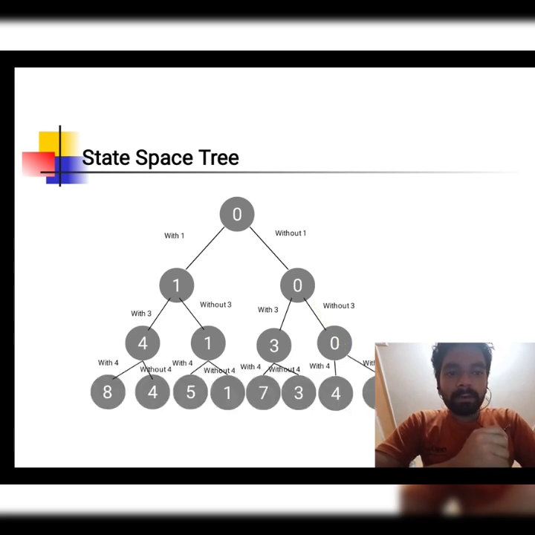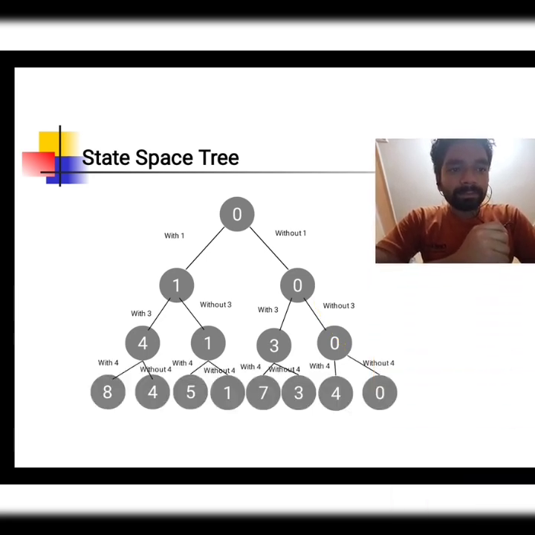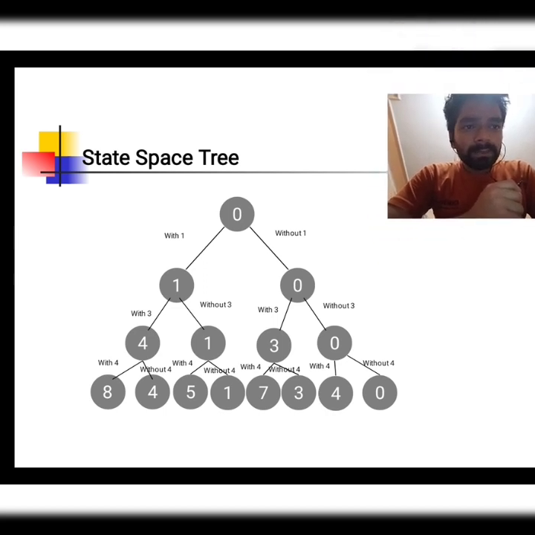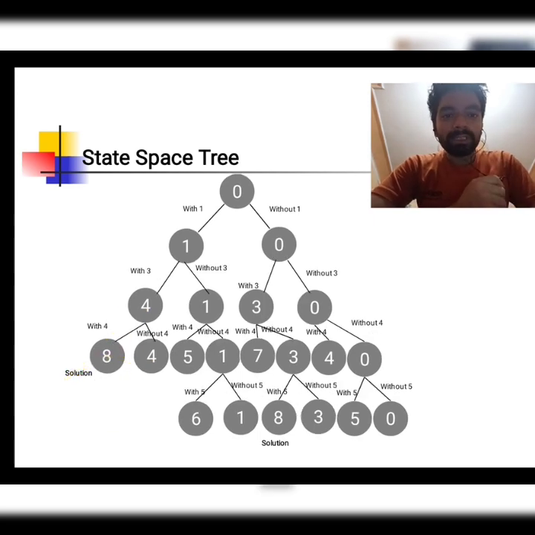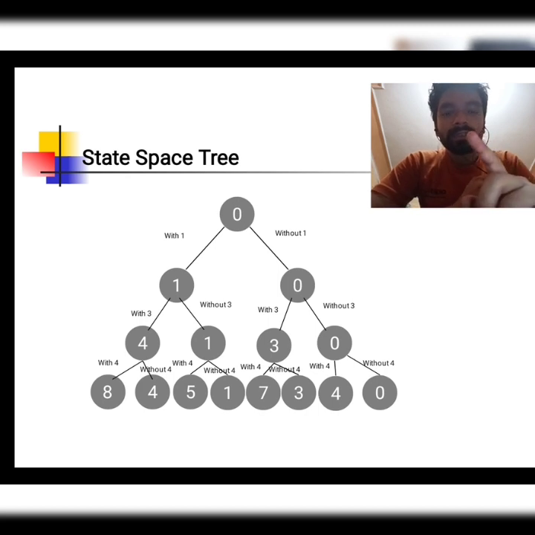Now the next value is 4. Adding 4 on the left hand side, 4 plus 4 is equal to 8. This is the solution, the first subset. Without 4, 4 stays as a copy on the right hand side.